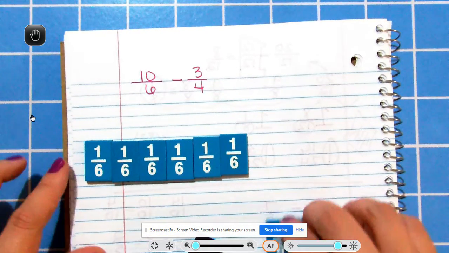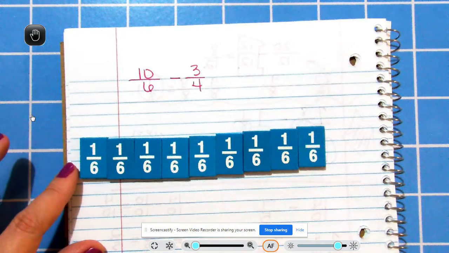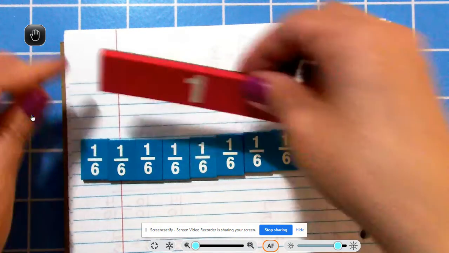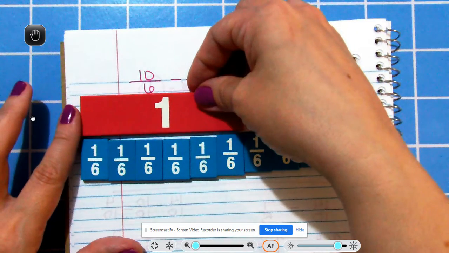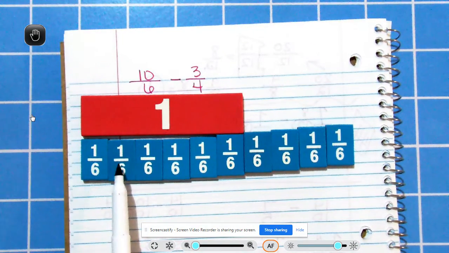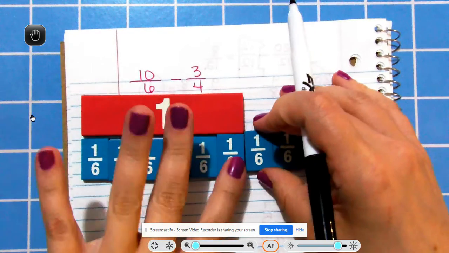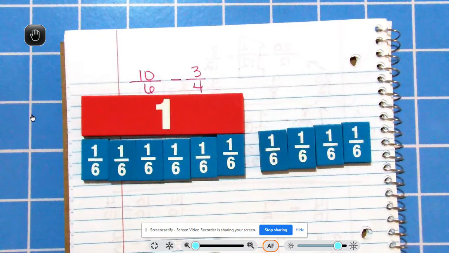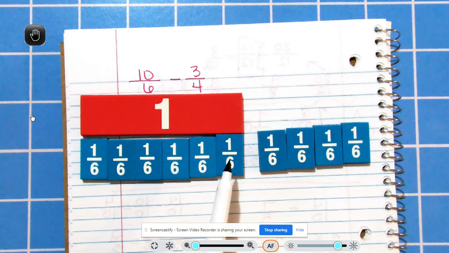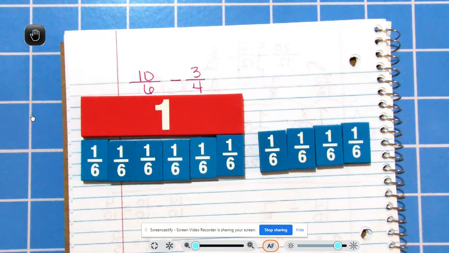How many of these 1/6 pieces am I going to be able to cash in for 1 whole? One, two, three, 4, 5, 6. 6/6. So 10/6 would be 1 and 4/6.